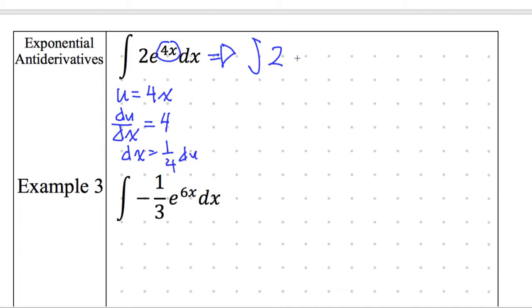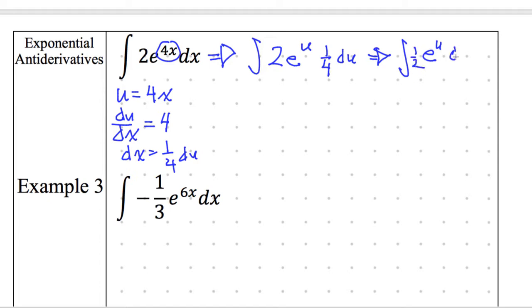Which means this is now going to be 2e to the power of what? U. There it is, and then that dx turns into a 1/4 du. And that's where Rochelle was thinking ahead. Oh, just multiply by 4 because that's e to the 4x. When you're going backwards, that's divide by 4. All right, so simplified a little bit further, that's going to be the integral of e to the u times 1/2.